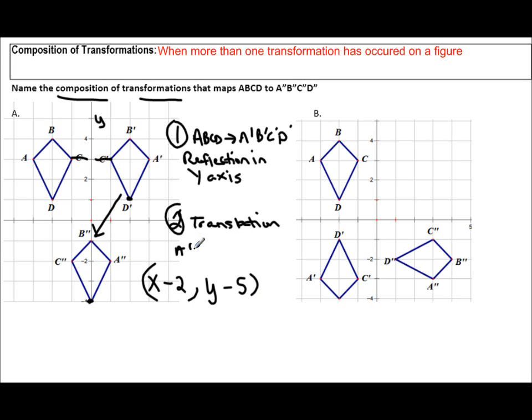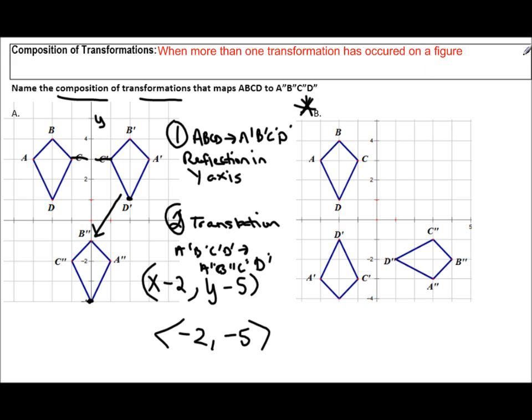So the translation that maps A prime, B prime, C prime, D prime to A double prime, B double prime, C double prime, D double prime is subtract 2 from your x value and subtract 5 from your y value, which can also be rewritten as a translation vector, -2, -5.